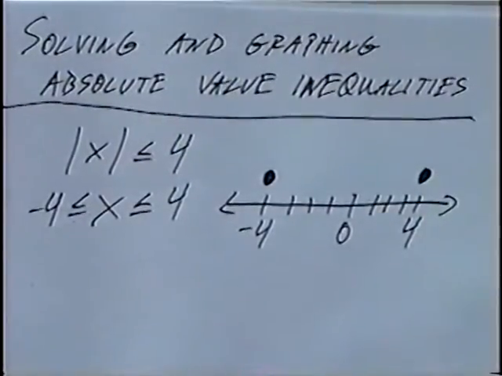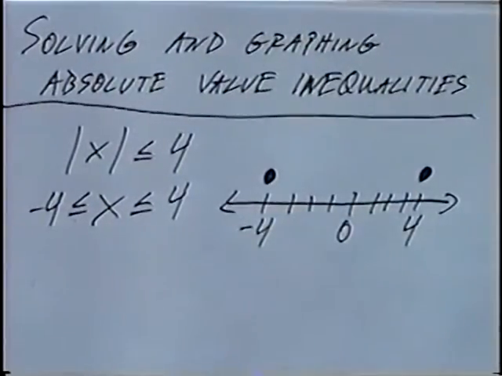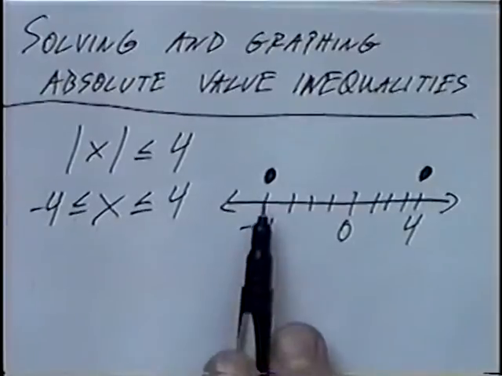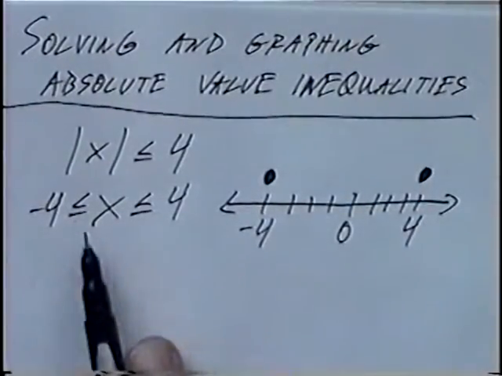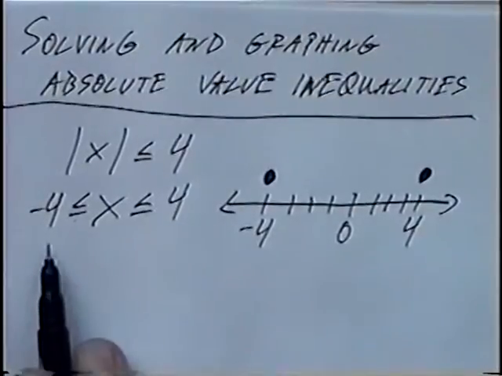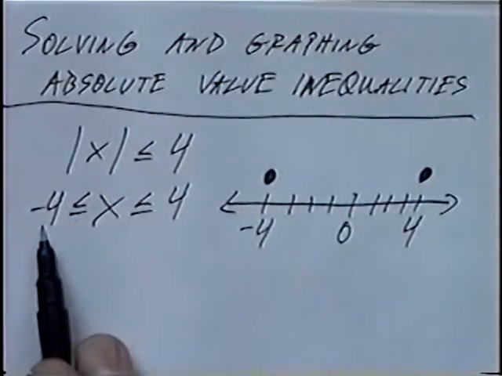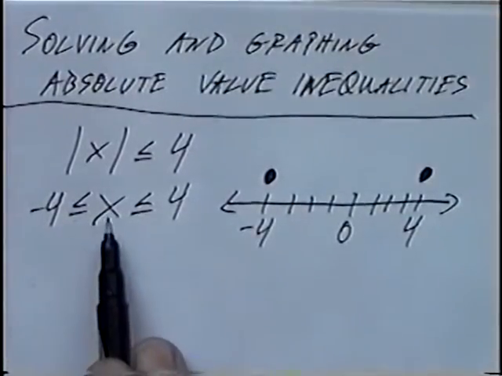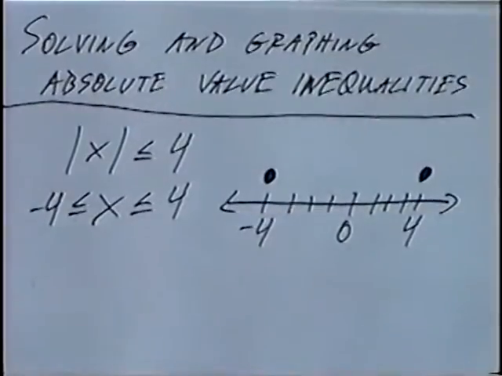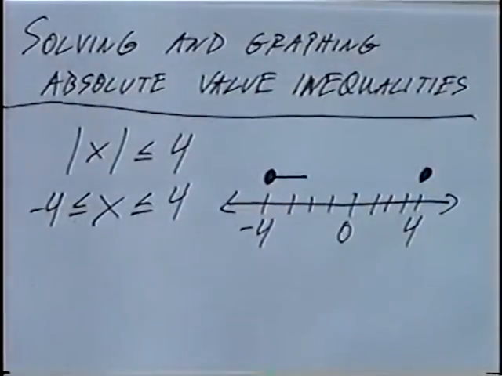So absolute value inequality graphs will have 2 points for the two numbers for the solution. We'll have 2 lines also. Each point can either go left or right, depending on the inequality. If we have negative 4 less than or equal to x, this means negative 4 is smaller than or less than x, or vice versa, x is bigger than or greater than negative 4. Bigger than or greater than would go to the right.